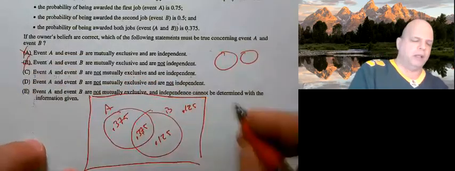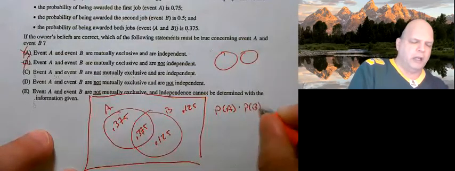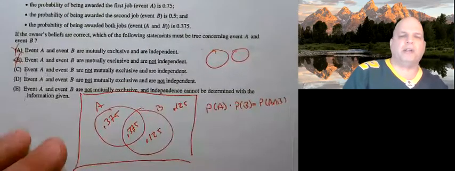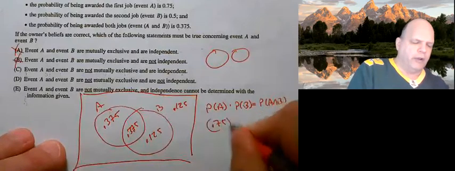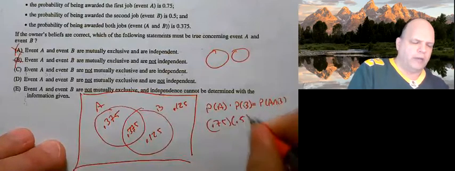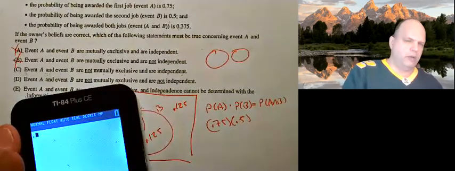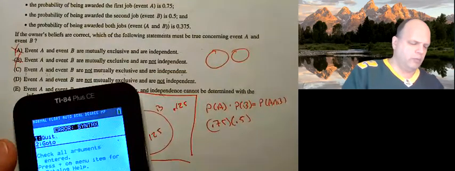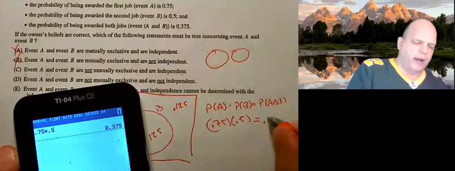Well, if they're independent, the probability of A times the probability of B needs to equal the probability of A and B. So let's check it out. 0.75 times 0.5 equals 0.375.